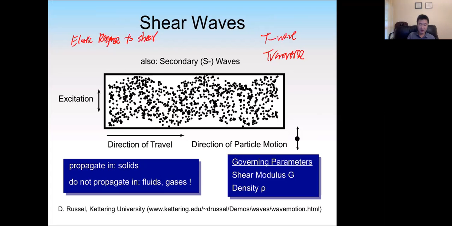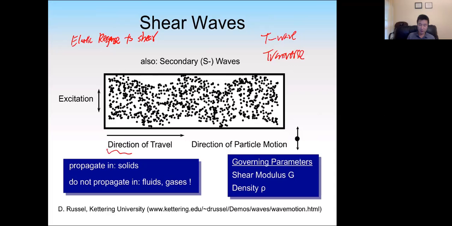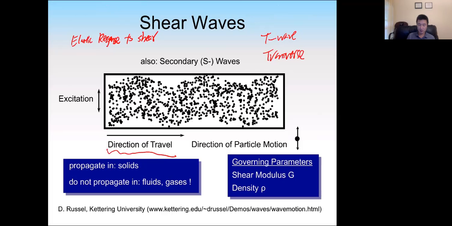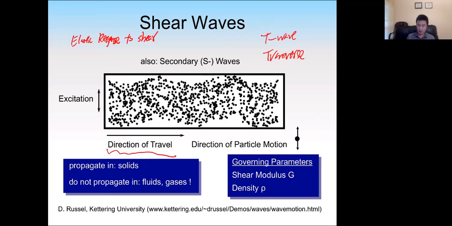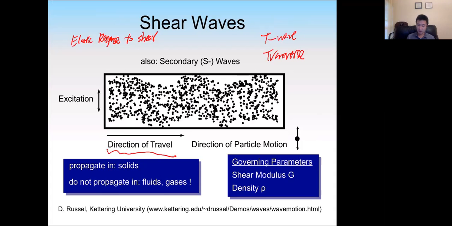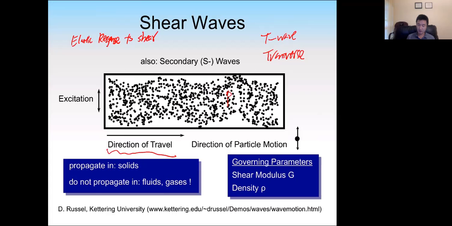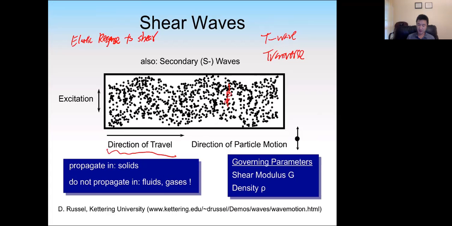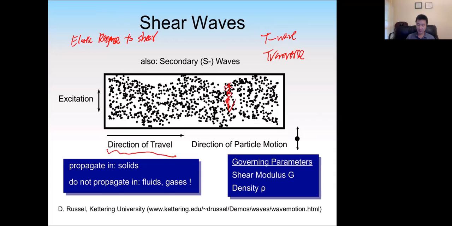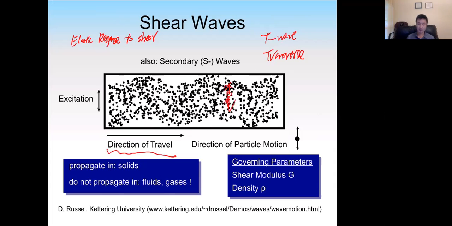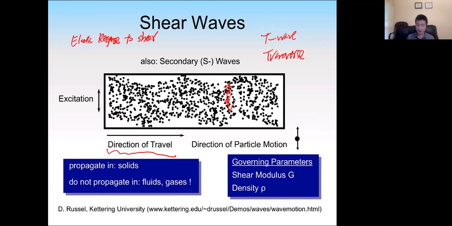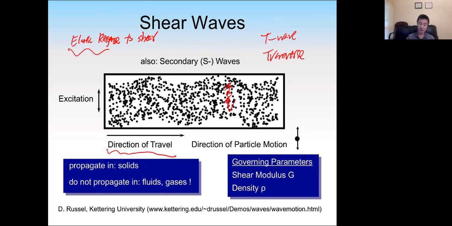Again, we have excitation here. The direction of the travel is from left to right. Okay. The direction of the particle motion, if we focus on one, is up and down. Okay. So direction of particle motion is perpendicular to the direction of the wave. And that is caused by, again, elastic response to shear.